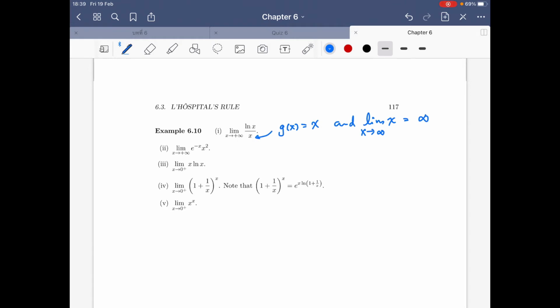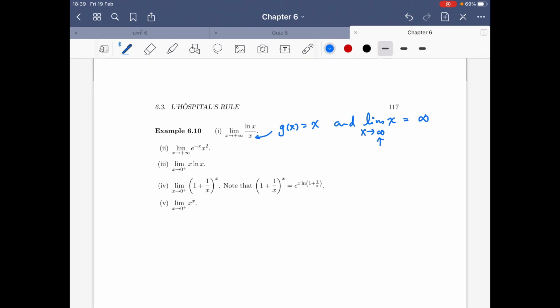As I told you, even though in the proof of our theorem we prove only the one with x goes to a from the right, your a can be positive infinity, negative infinity, anything. So we are going to apply it with positive infinity here.